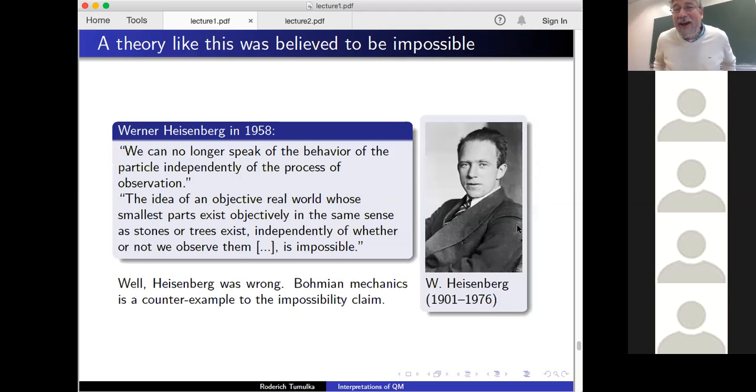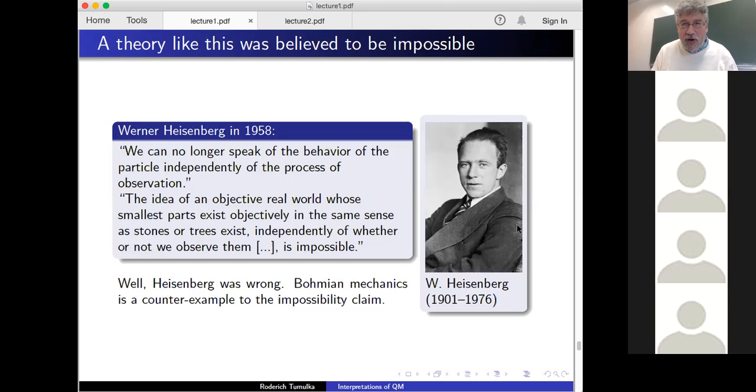Okay, so various people have claimed that it is impossible to have any theory like Bohmian mechanics. Here's a quote from Werner Heisenberg, writing in 1958: We can no longer speak of the behavior of the particle independently of the process of observation. Or the idea of an objective real world whose smallest parts exist objectively in the same sense as stones or trees exist, independently of whether or not we observe them, is impossible.